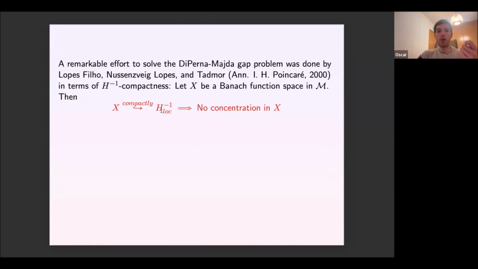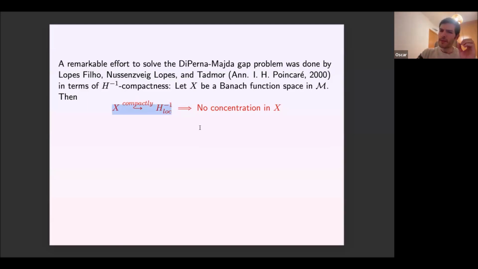So the authors saw that a sufficient condition to guarantee the lack of concentration is to get that your space X, where vorticities lie, is compactly embedded into H^-1. Once you have this compactness assertion, then no concentration happens in X.